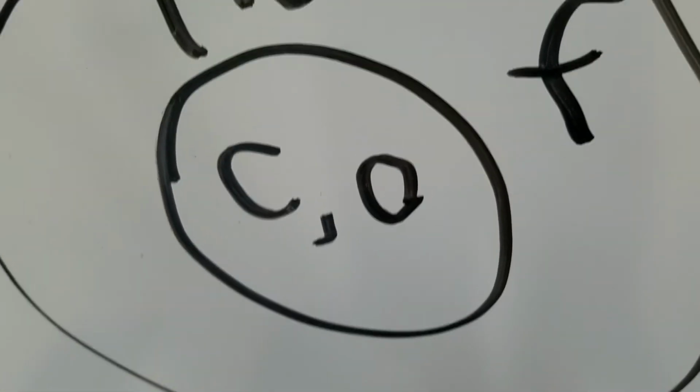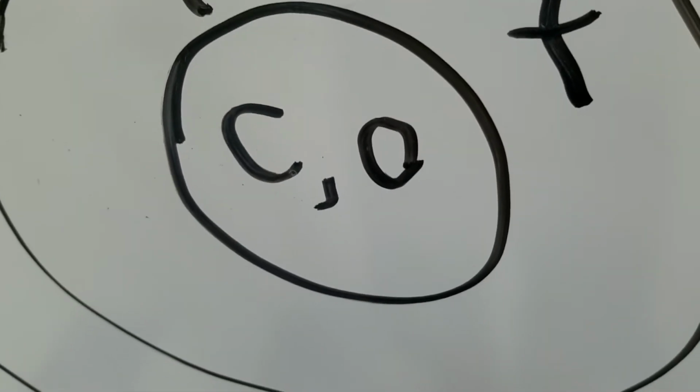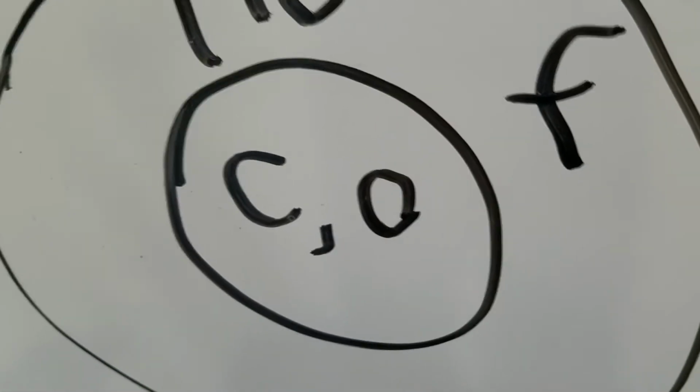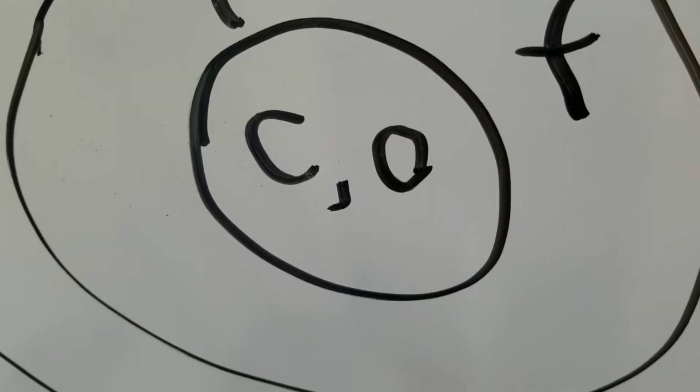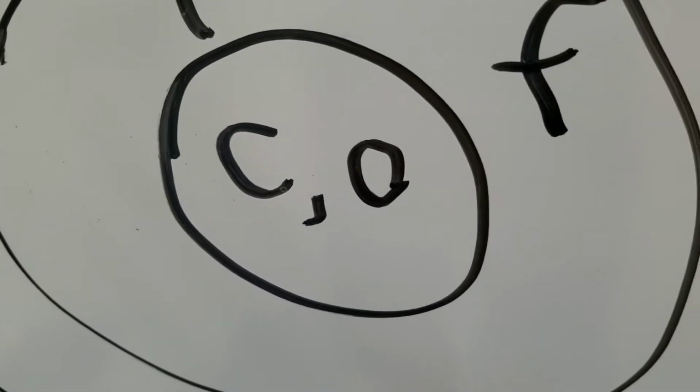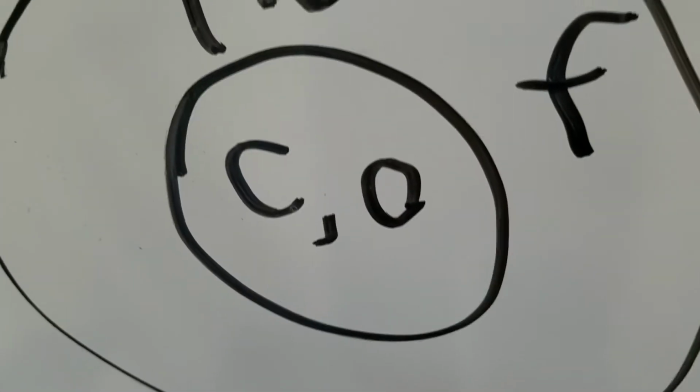However, you need an extremely high temperature to fuse carbon and oxygen. So notice I did not put a little F in that area. The carbon and oxygen is not fusing. Now, because the carbon and oxygen is not fusing, nothing is fighting gravity down there in that core. So during this stage, the core is going to shrink again.